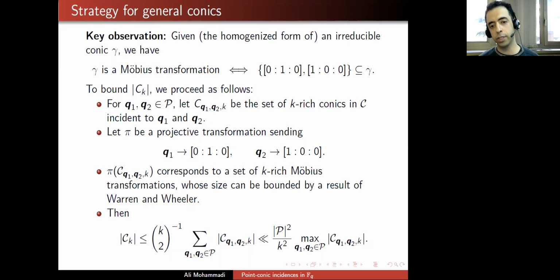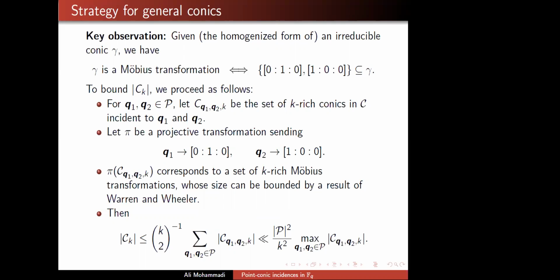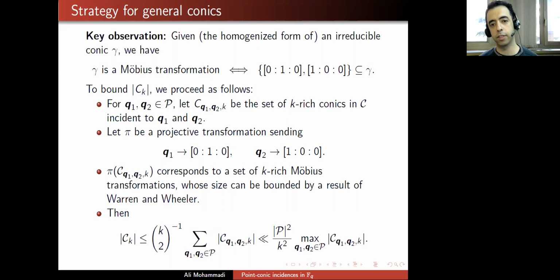So the question is, would doing this for conics do better than what they did for lines? Maybe not. But yes, this did come up, and we didn't spend a lot of time considering it.